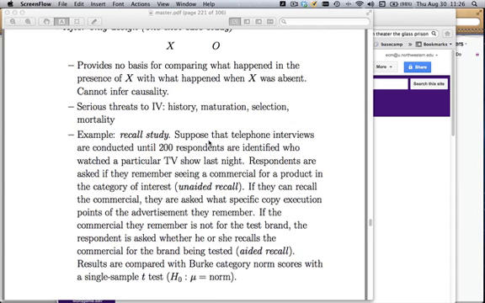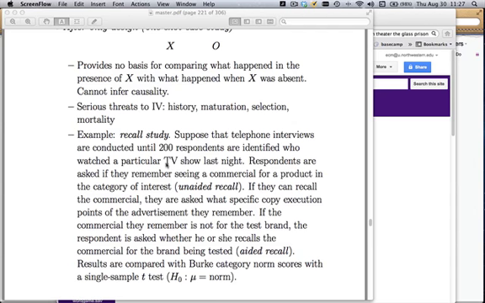Let's say that we put an ad on a television show last night, and then today we call up a bunch of people to get 200 respondents who said that they watched that television show last night. We then probe whether or not they saw our ad.